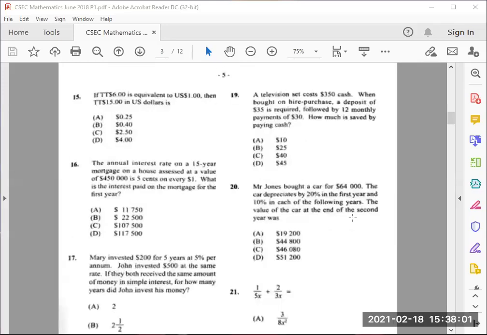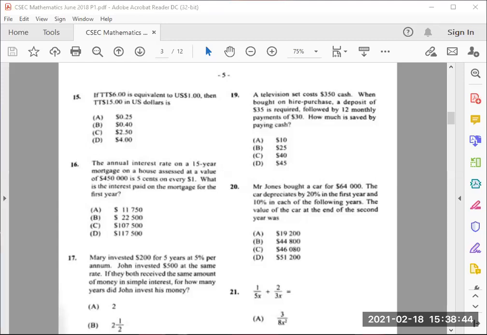All right, so let's move to number 15. If TT $6 is equivalent to US $1, then 15 TT dollars in US is?